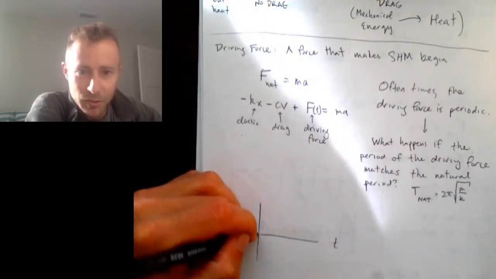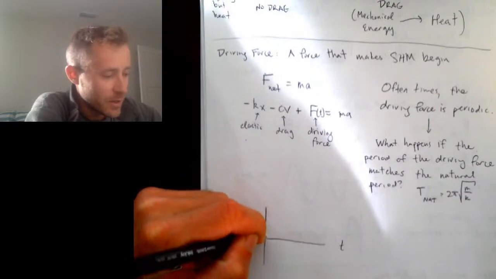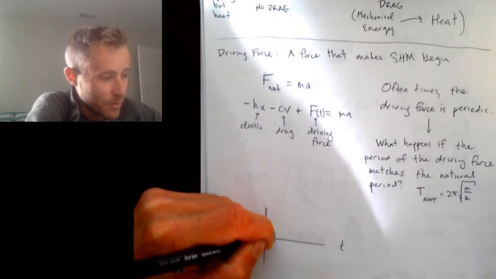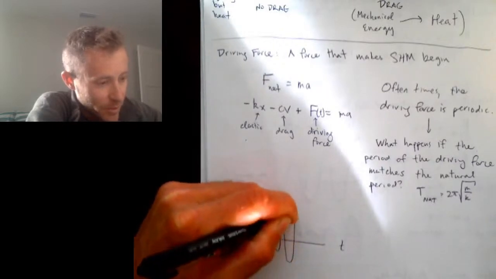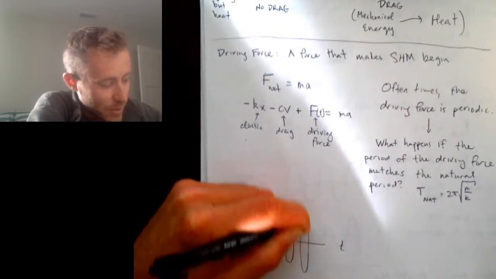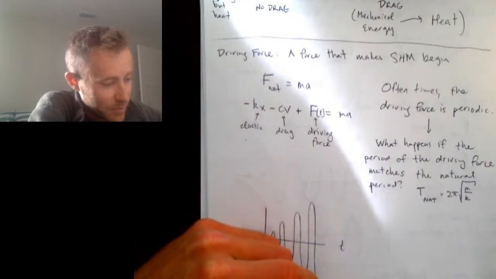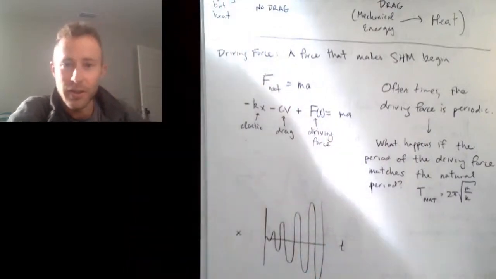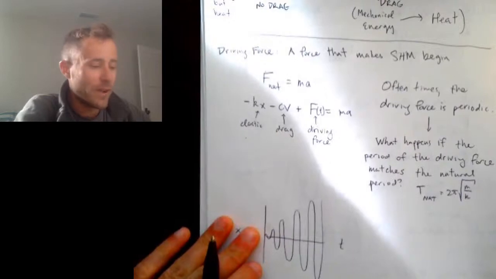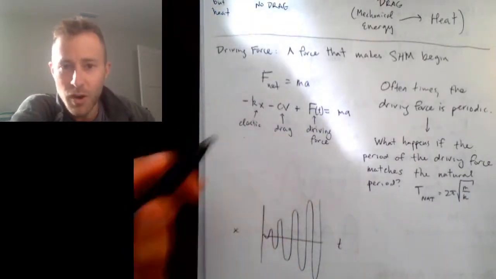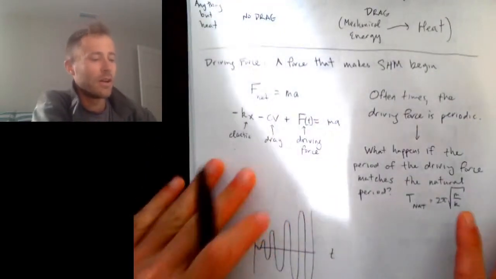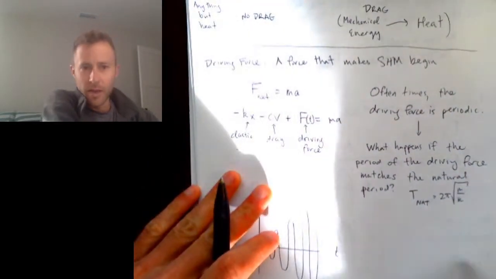So you'll start off with no motion, and the motion will get bigger and bigger as time goes on. Okay? And in fact, it'll keep growing until the drag force becomes so large that it can't grow anymore.